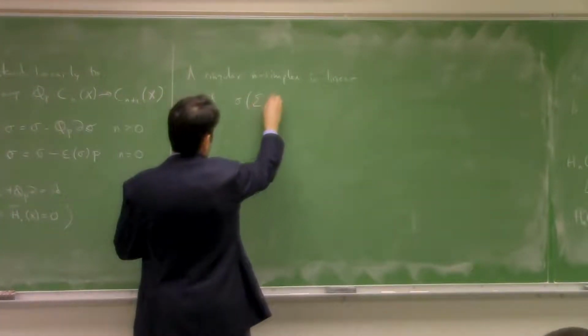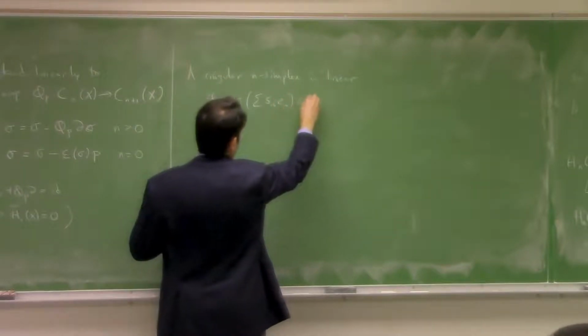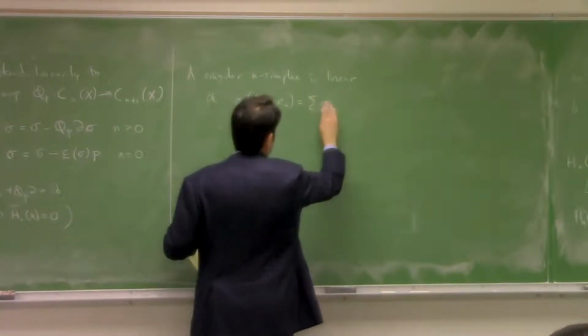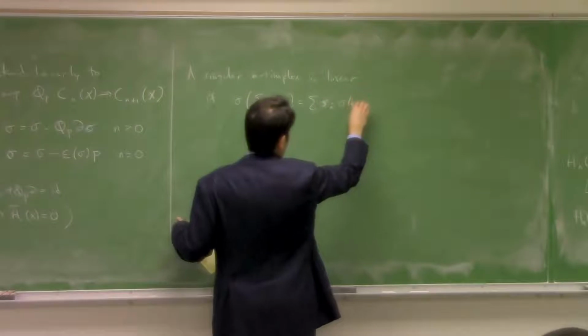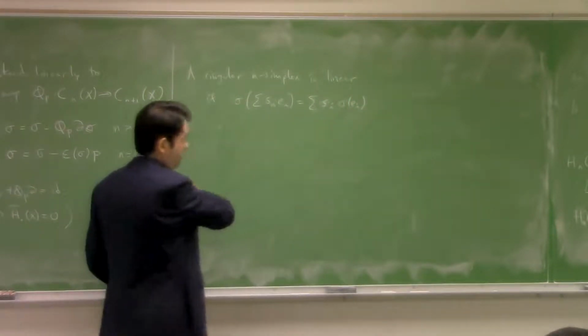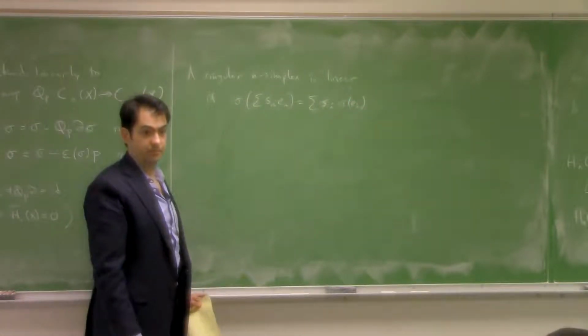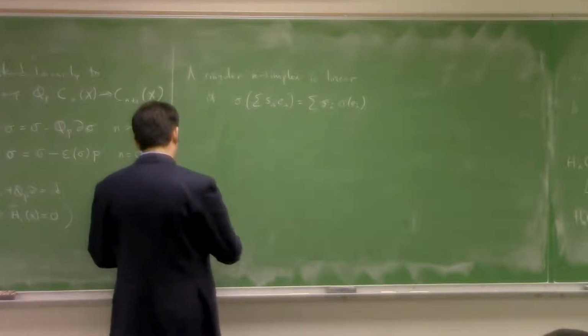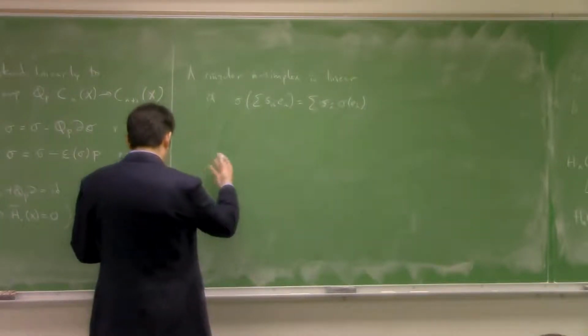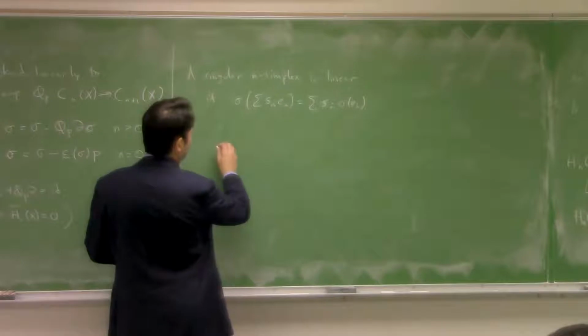So sigma of the sum of s_i e_i is equal to the sum of s_i sigma of e_i, where e_i are the basis vectors of R^n. Just to emphasize that we mean linear in the usual way.